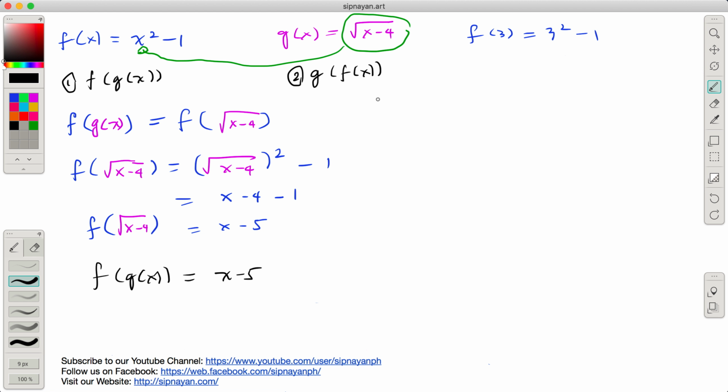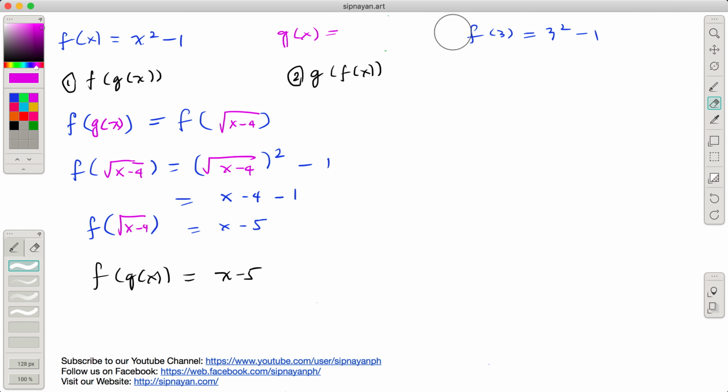Now, what about g of f of x? So, again, ito baliktad naman. Yung f of x naman yung magiging input natin. I-rewrite ko na lang yung square root of x minus 4. So, square root of x minus 4.